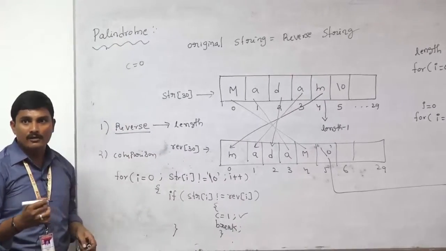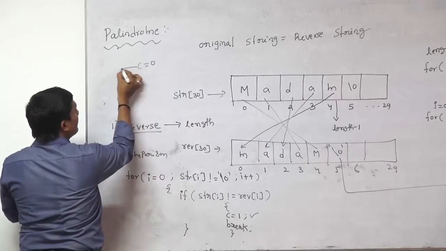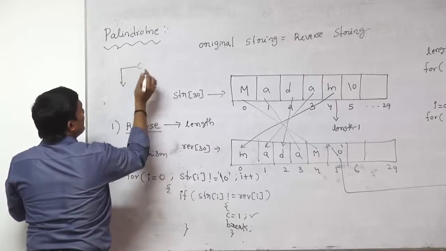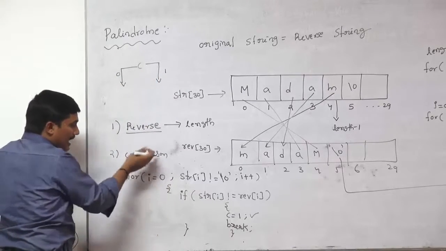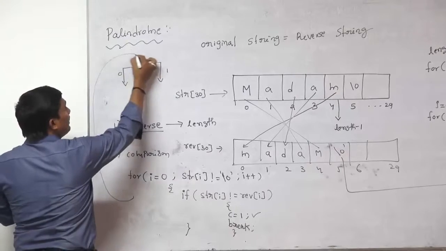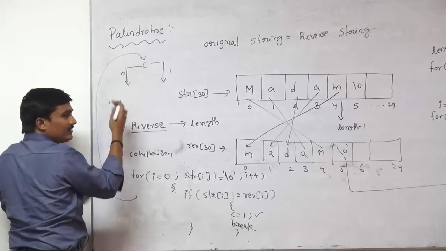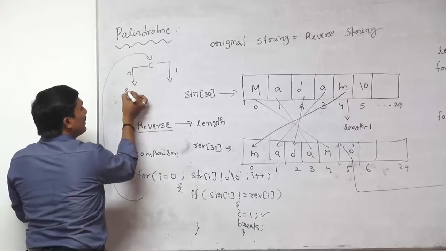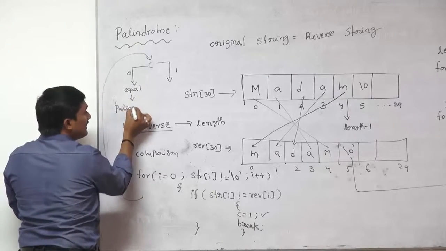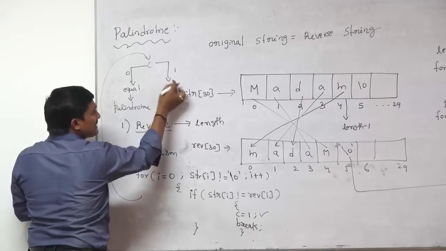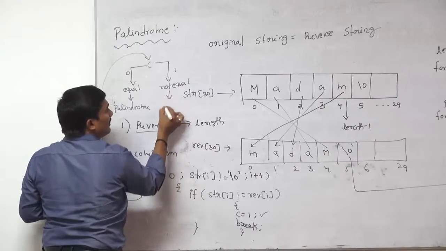C initially contains 0, or it is updated to 1. If c is 0, that means the strings are equal, which is the palindrome case. Otherwise, the strings are not equal, that means not palindrome.